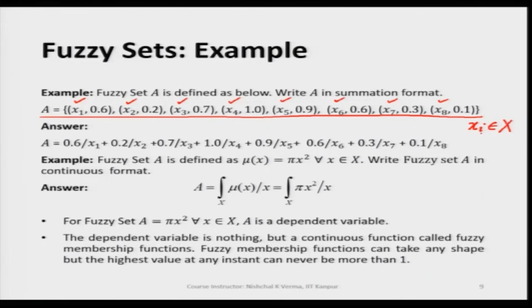So, if I change this i is equal to 1, this will become x 1. So, x 1 and then similarly up to x 8. So, all these elements will be drawn from the universe of discourse capital X.